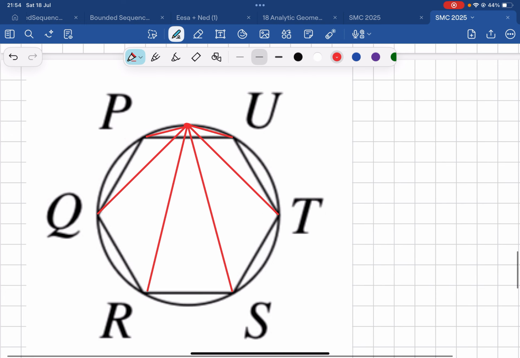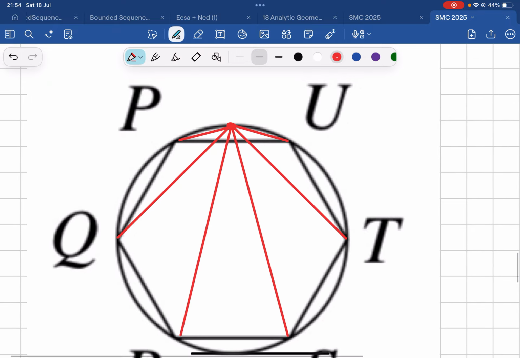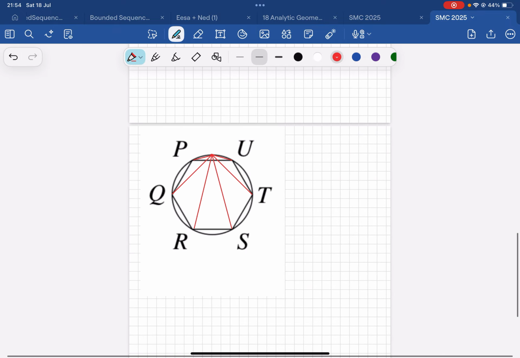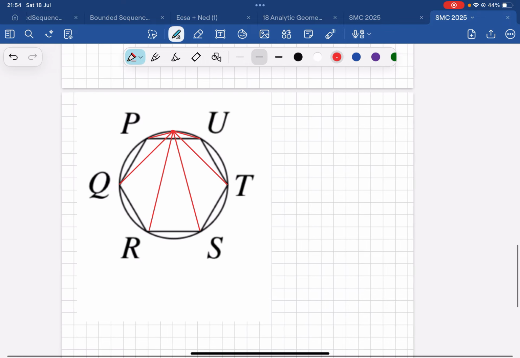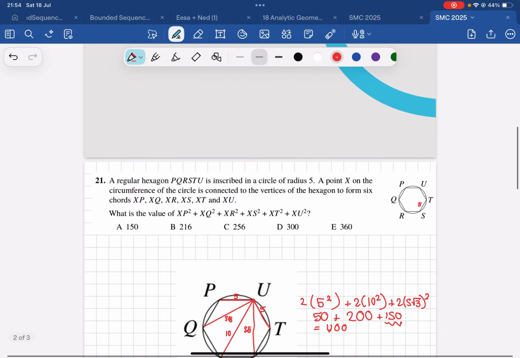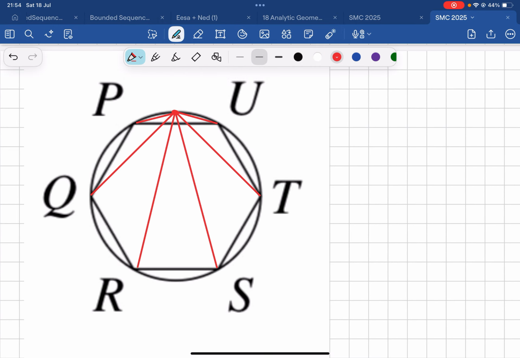The first thing to notice here, let's take a look at, let me just see, right, yeah. Let's start constructing on the diagonals of this hexagon, or also the circle.